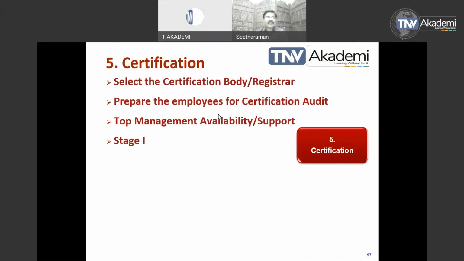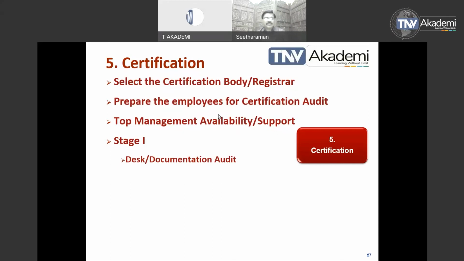And the stage one audit again will be a desk or documentation audit, where they will look at your manuals. It can be an integrated manual incorporating the quality, environment, and safety elements put into that. So they will look at the document and whether it addresses the ISO 45001 requirements or not. They will not worry about 9001 and 14001 when they look for this 45001 certification audit.